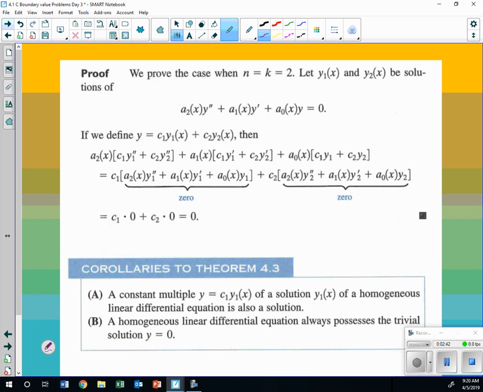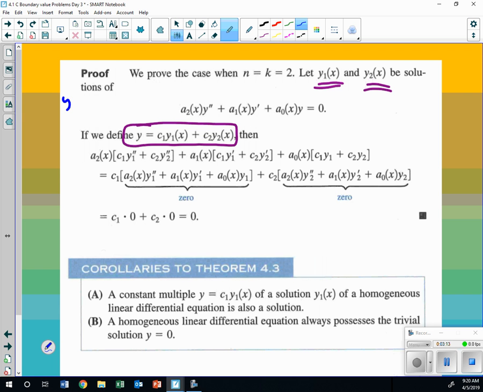So let's say we have y1(x) and y2(x) as solutions. Y1(x) is here, y2(x) is here, and we're going to multiply them by constants, c1 and c2. These two are given as solutions, and then we're going to put that into one big solution, superimpose them together. Then you take the derivatives of each of these, and I'm going to do that right now.